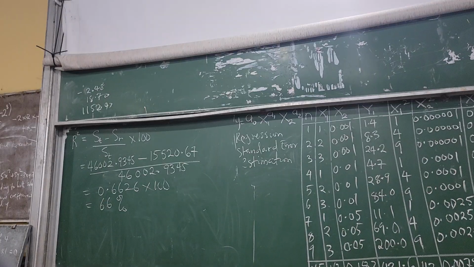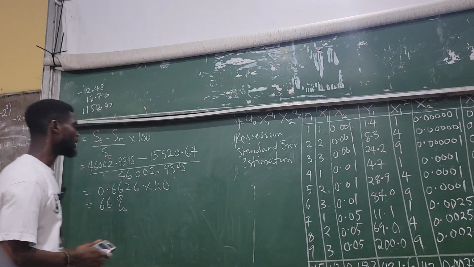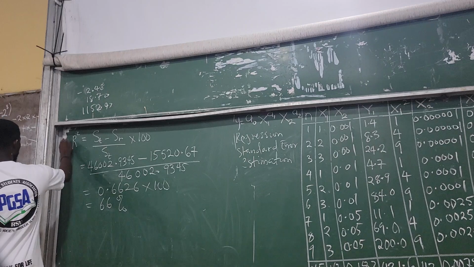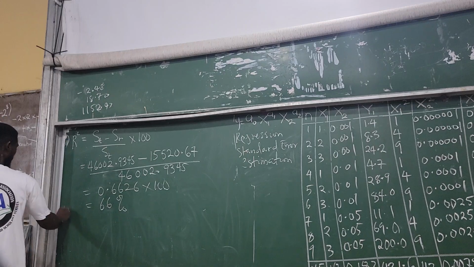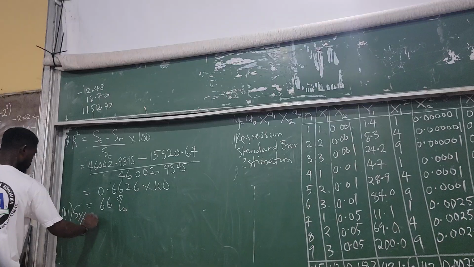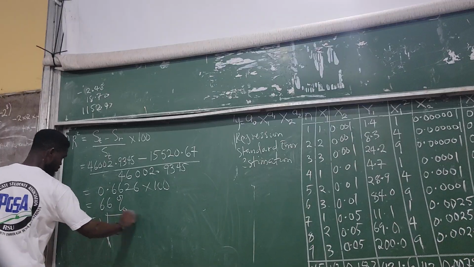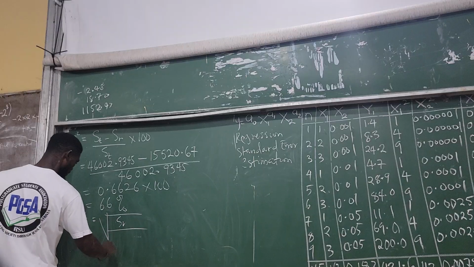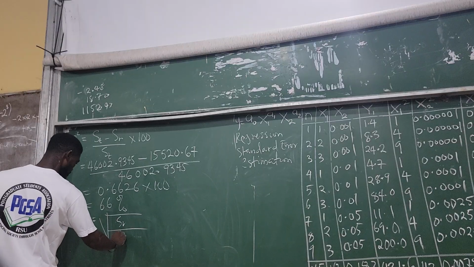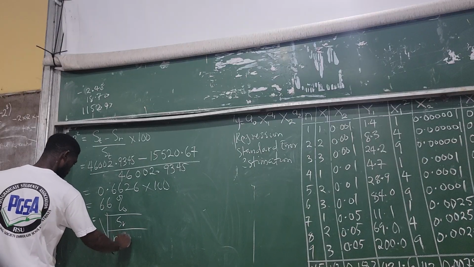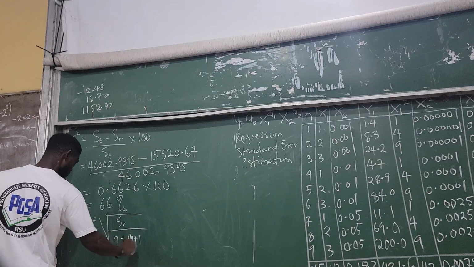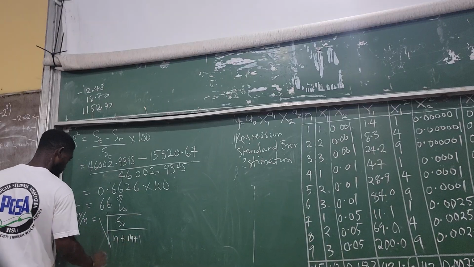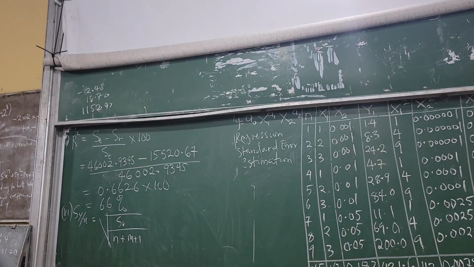Then we also calculate what? The standard error estimation. So standard error, we use the square root of SR over n minus m plus 1.